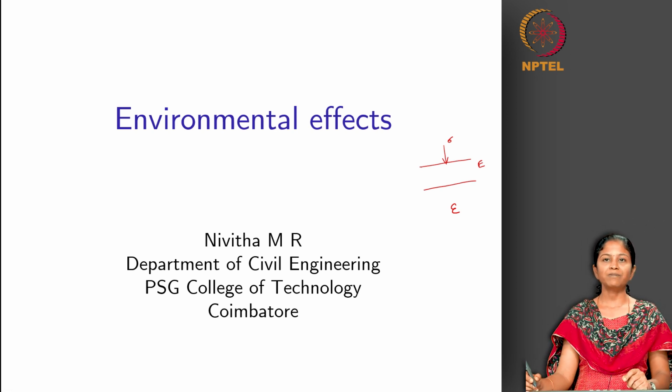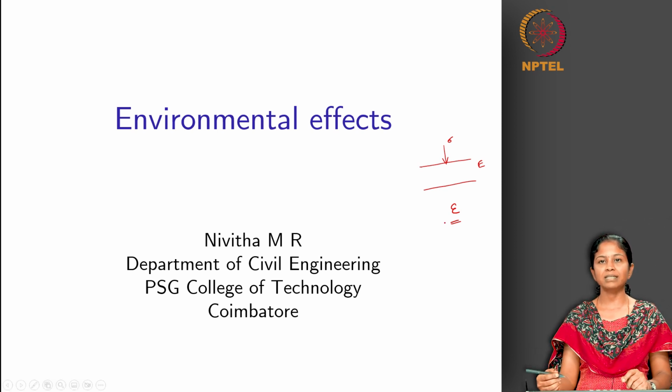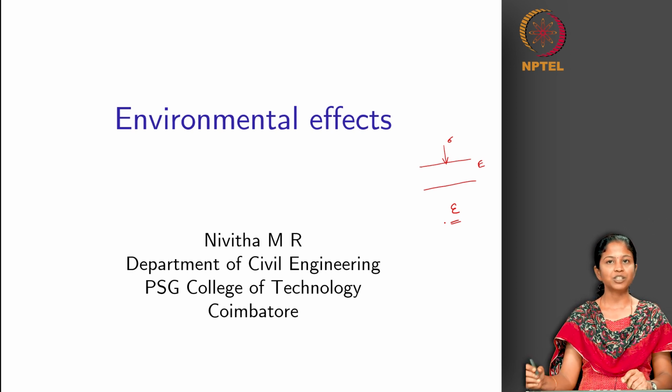So if my modulus value decreases significantly because of these environmental effects, then I am going to have a larger strain that I will experience in my pavement, right. So as the strain keeps increasing, and if the strain is not able to recover back quickly, we are going to have large amount of permanent deformation, right.